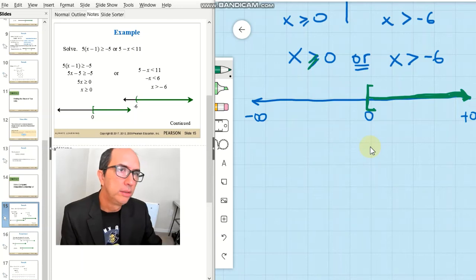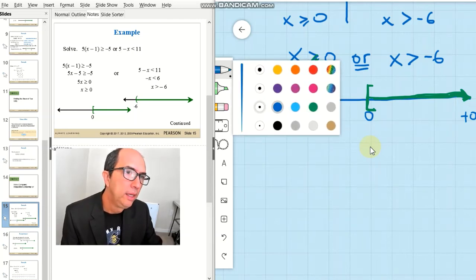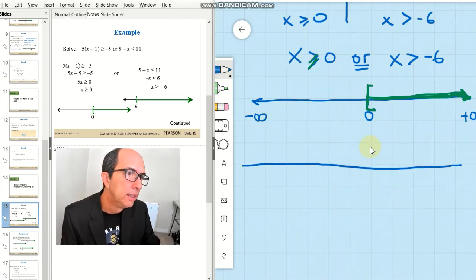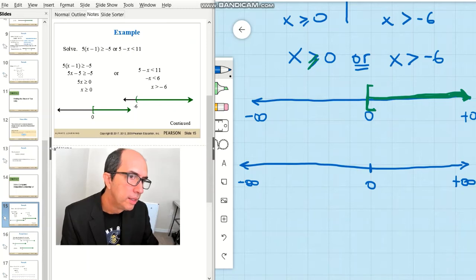The next one that we will represent here is x is greater than negative 6. So here 0, positive infinity, negative infinity. And now we move here to the left.